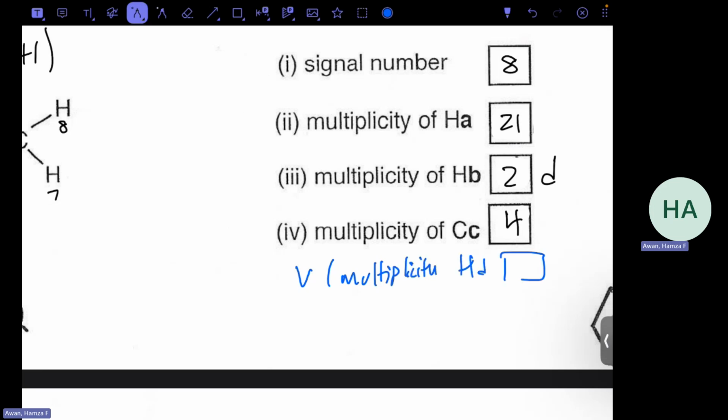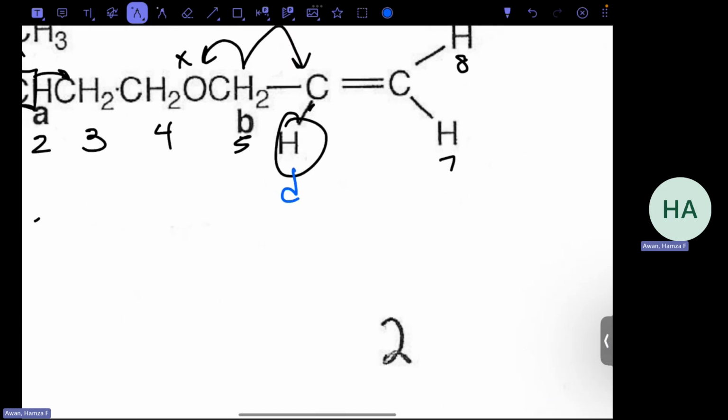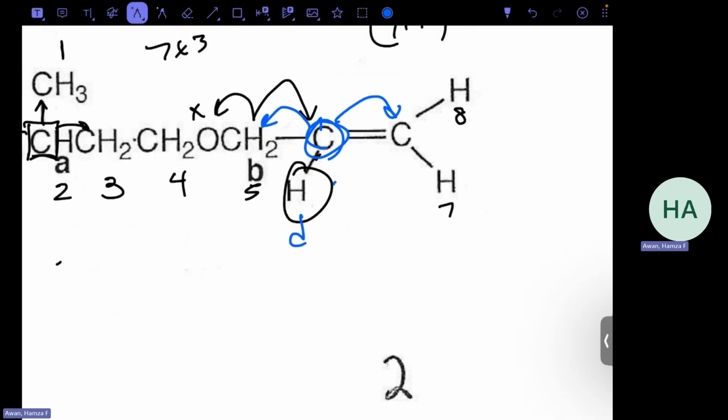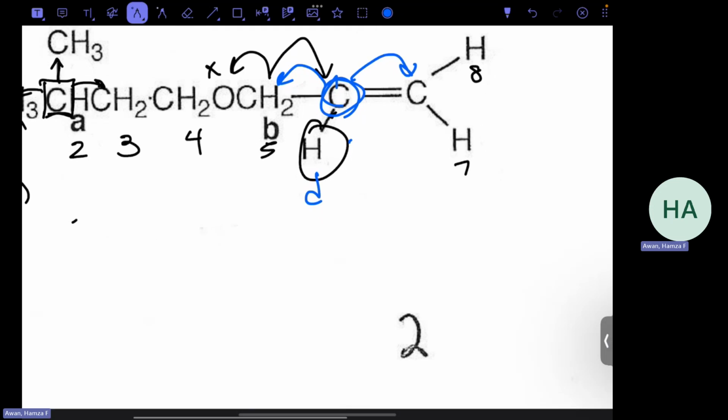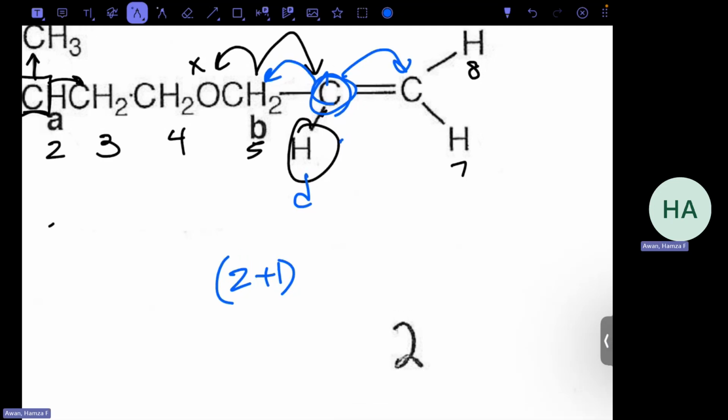Okay. So whenever we're looking at that, we're going to look at every single carbon that it's attached to, right? So this HD is connected to this carbon. And so whenever we're seeing this blue circle carbon, we're going to go to each of the carbons adjacent to it, right? So let's go to the left first. So the first part of our equation, we'll just put the 2 plus 1, right? Because that's connected to the CH2, which is also unique, right?